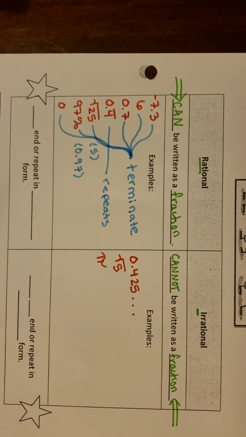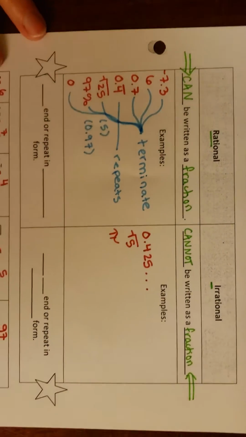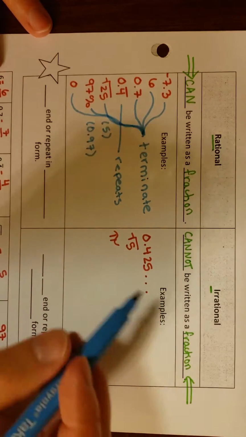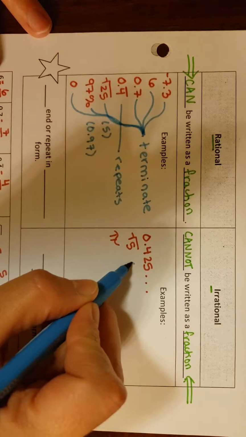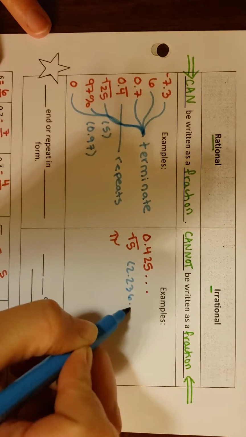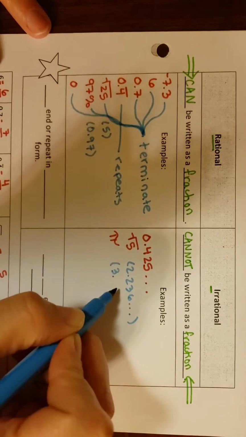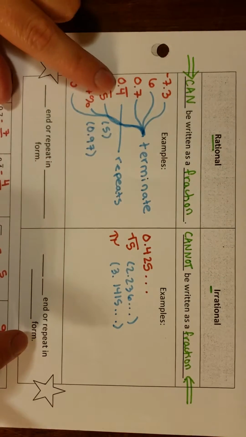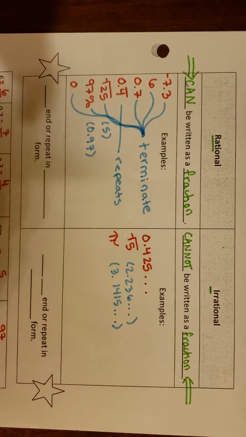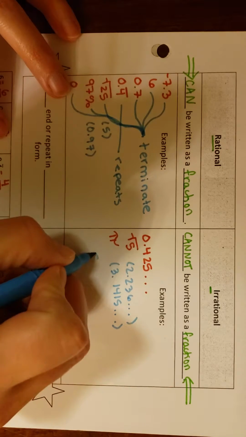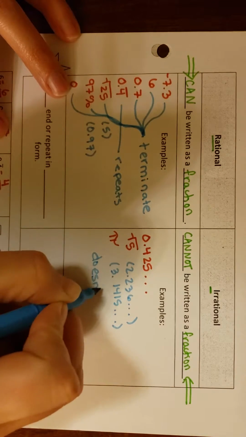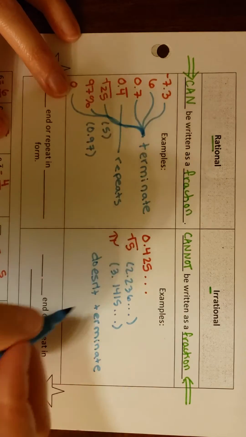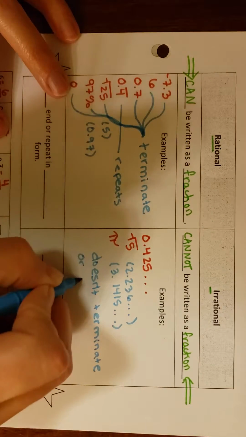Okay, well, let's study this over here. This doesn't terminate. This doesn't terminate. We said it was 2.236, and this doesn't terminate. Well, I can't just say that irrational numbers don't terminate, because this doesn't terminate, it repeats. But you could say that it does not terminate and it doesn't repeat. Doesn't terminate or repeat.